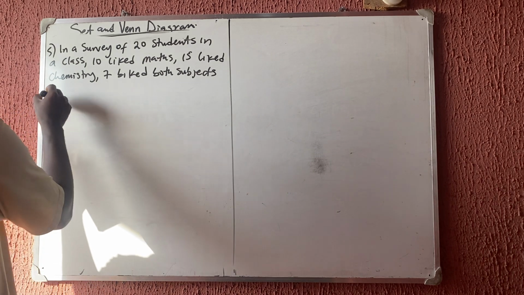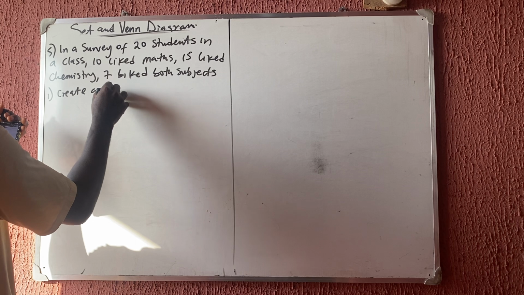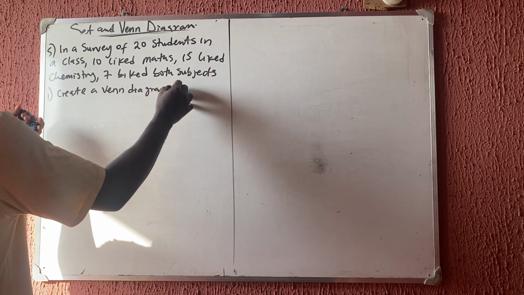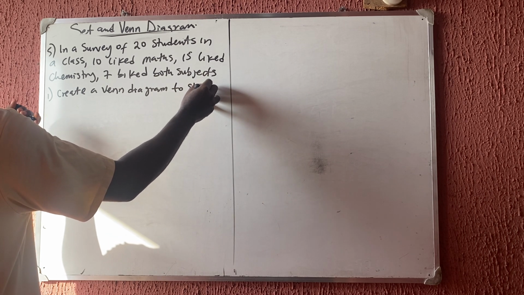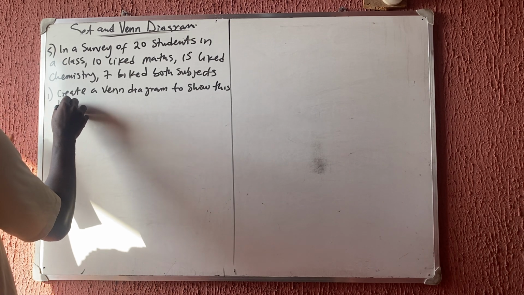Okay, then I create a Venn diagram. Create a Venn diagram to show this information.